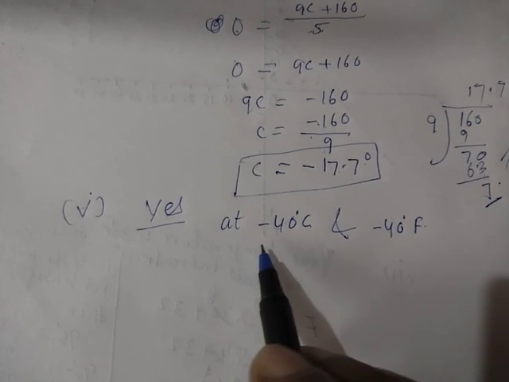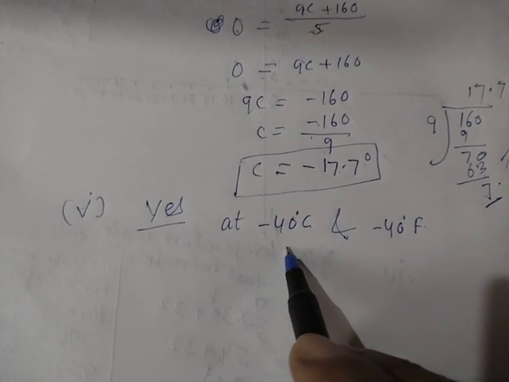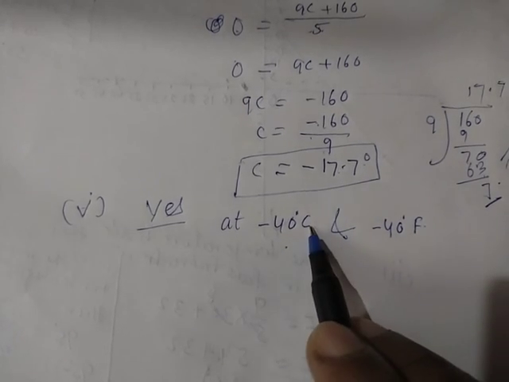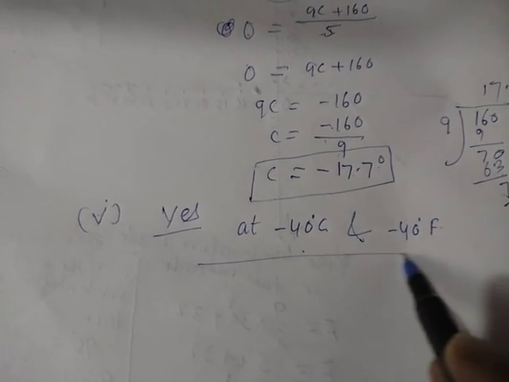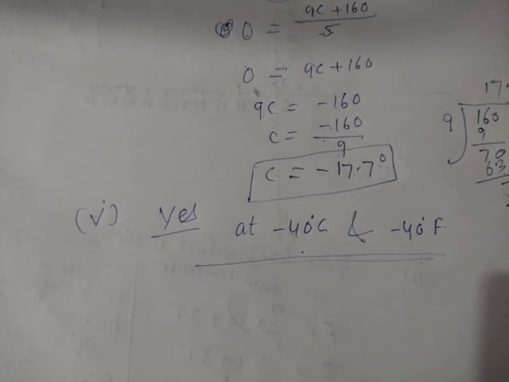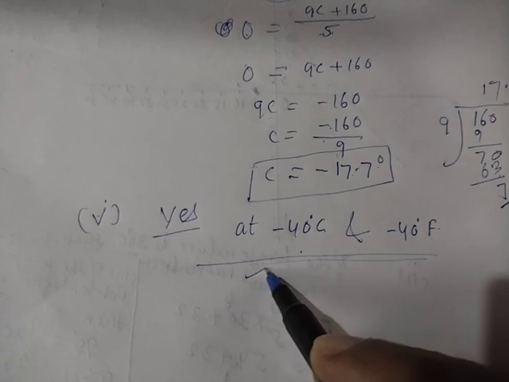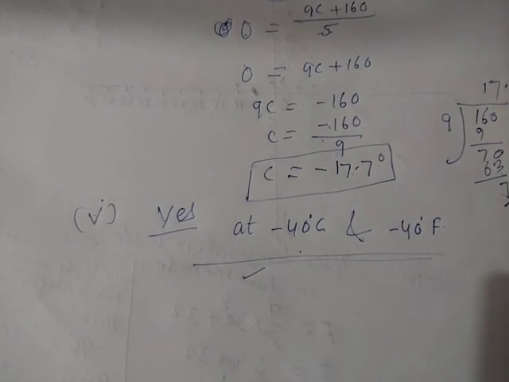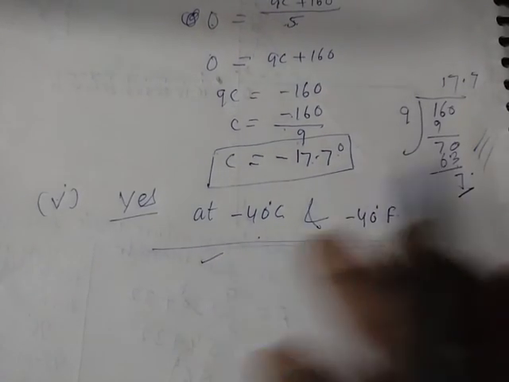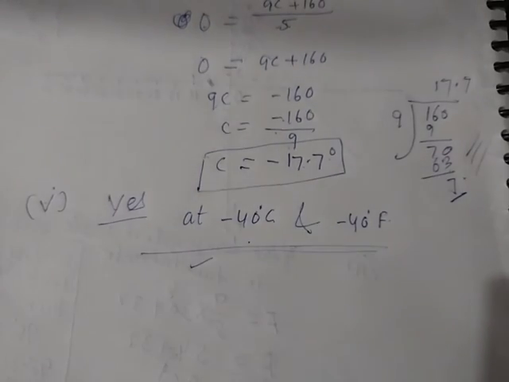Okay, so at minus 40, the values of both Celsius and Fahrenheit are the same. So you have the answers to all parts of question number 8. I hope you have understood this question. Thank you very much.